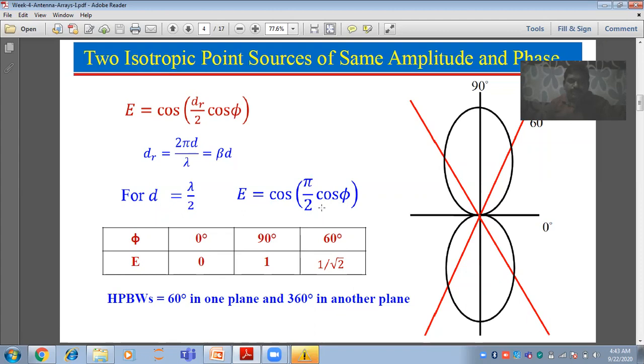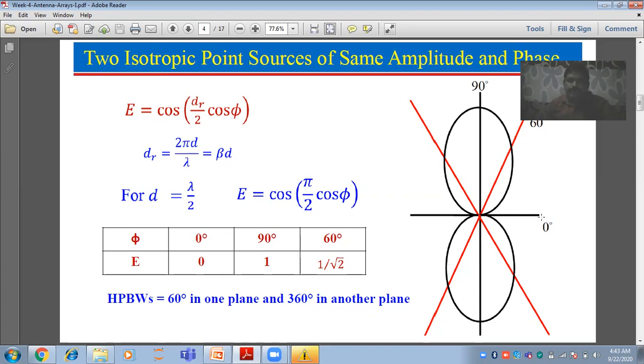So cos of pi by 2, that means cos 90, and cos 90 is 0. So we are getting zero resultant field in the direction of phi equal to 0 degrees. In this direction, we are getting zero field.